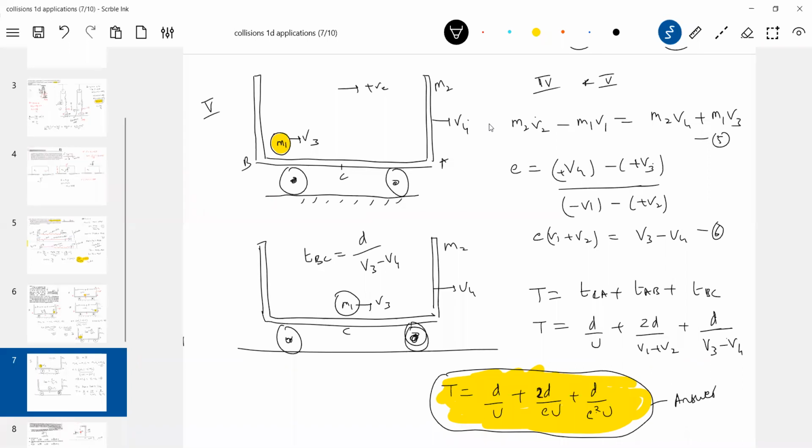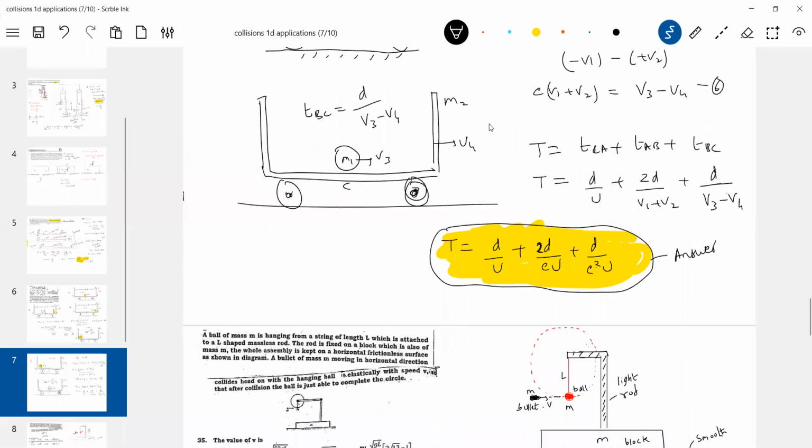Check this. It should be like this. This should be our answer: D by U, 2D by eU, D by e squared U. Take the next one.